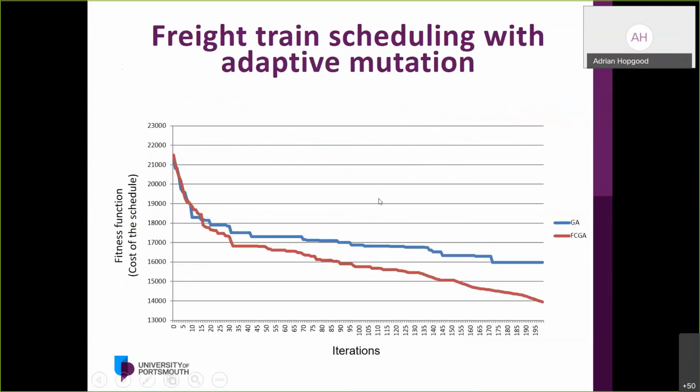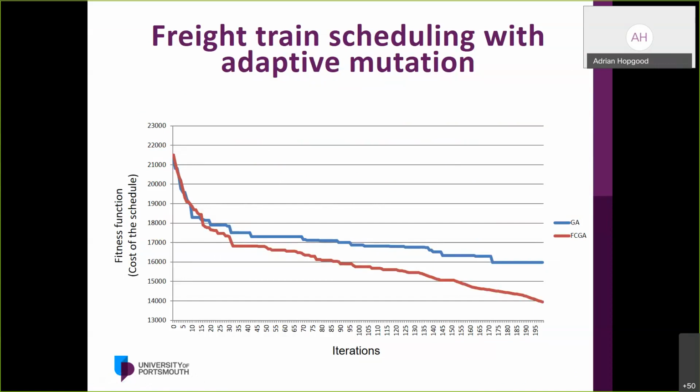If you start by looking at the blue line, this is when we used our standard genetic algorithm for the rail freight scheduling problem. And as you'd expect, the fitness rapidly goes down as you evolve from a rather poor initial starting set of schedules.